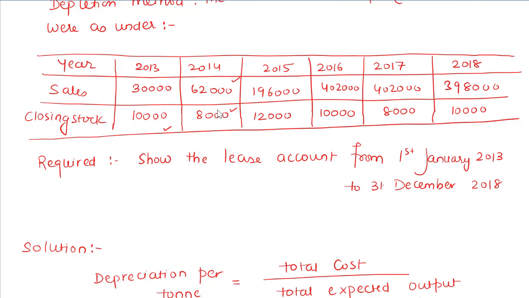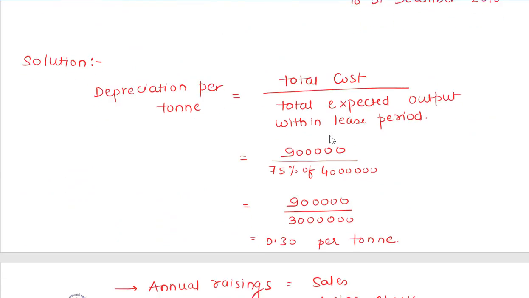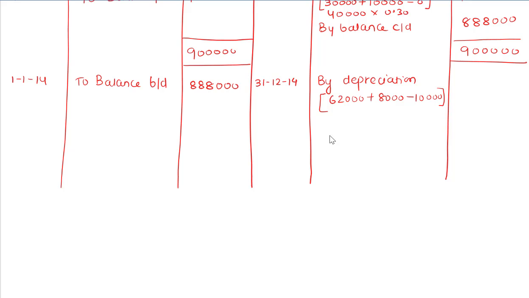It is 60,000 multiplied by 0.3, depreciation is 18,000.